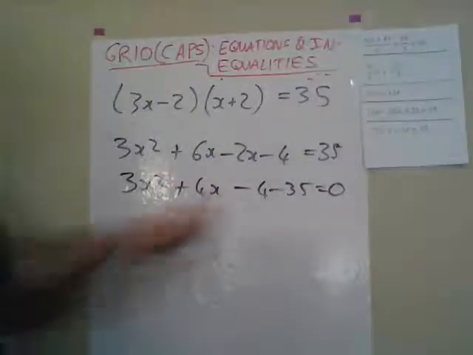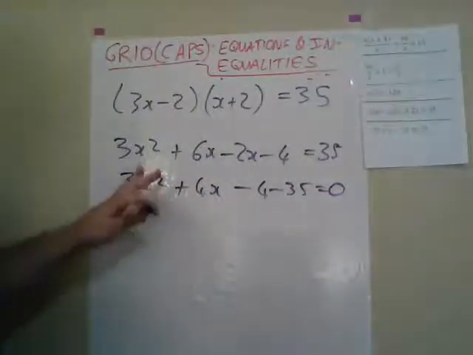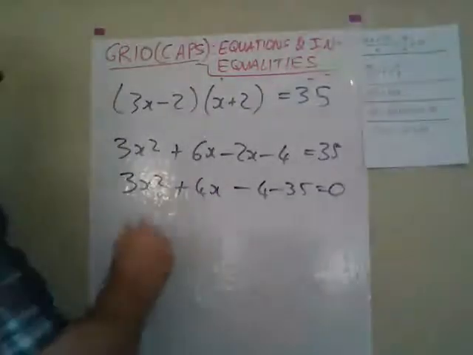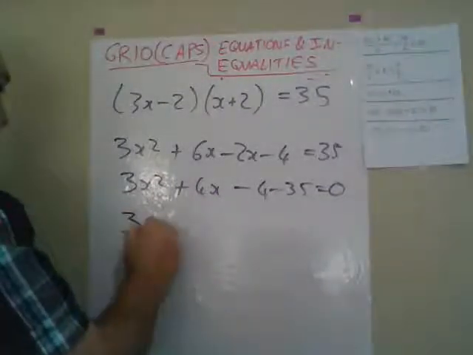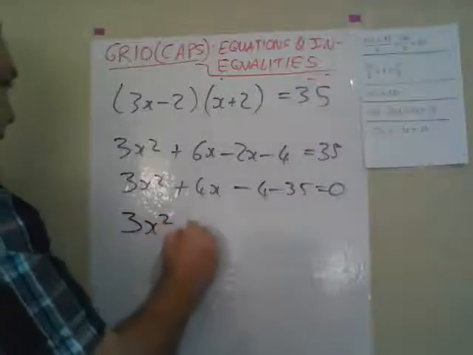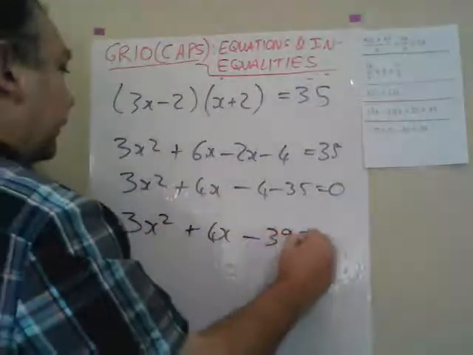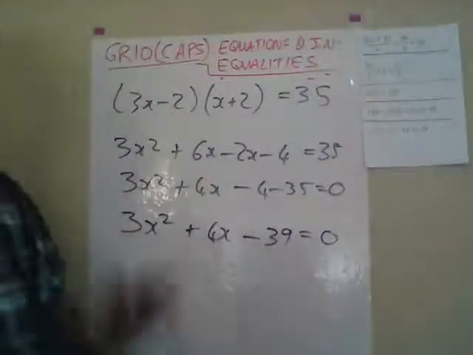I'm putting maybe an extra step in here just for clarity. If you skip this step and go to the next, it's 100% fine as well. 3x squared plus 4x minus 39 is equal to 0.